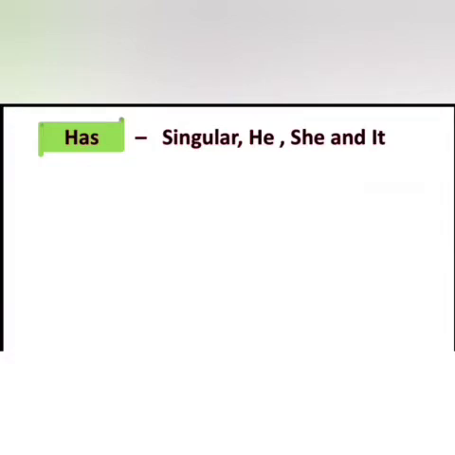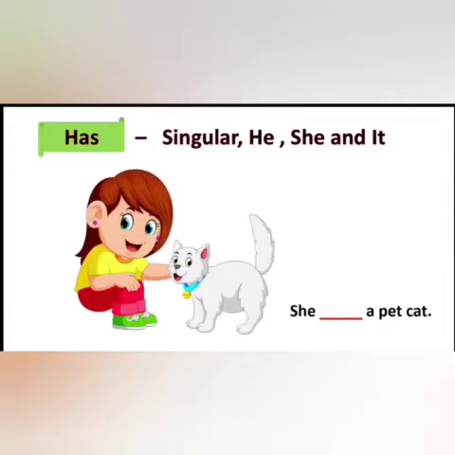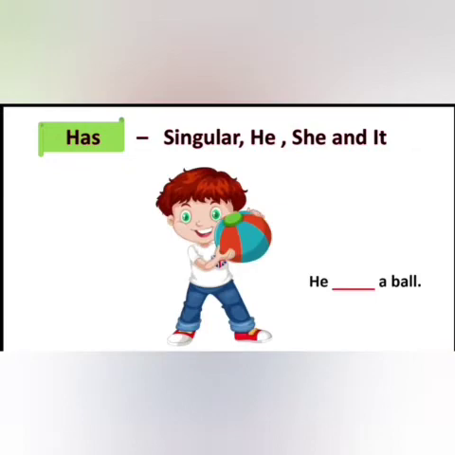Now, let us write the rule on top and see these examples. She dash a pet cat. Let us see the rule box on top. She is there. So with she we will write has. She has a pet cat. Now let's see the next one. He dash a ball.